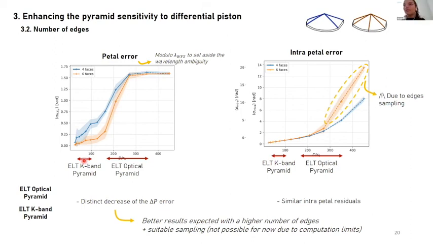Yes, I ran this simulation in closed loop, but I didn't really understand what you wanted to know. Basically, what is the wavefront residual that will create this difference between the flower-like pyramid and the standard one?